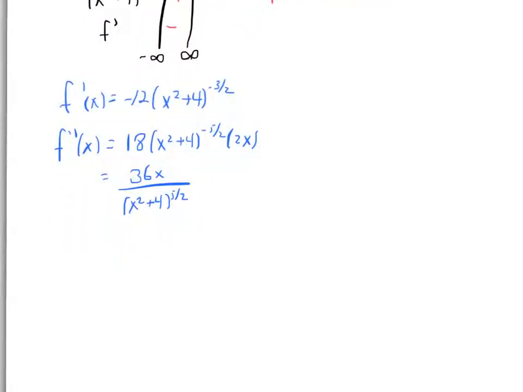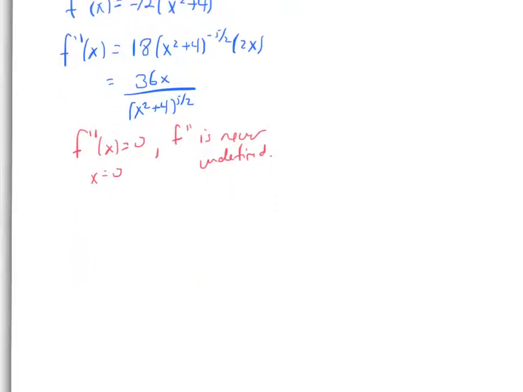Now the second derivative is equal to 0 when x is equal to 0, but the second derivative is never undefined. So we have a possible point of inflection when x is equal to 0.